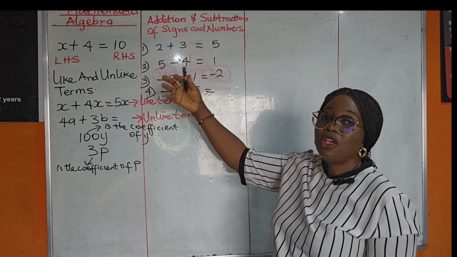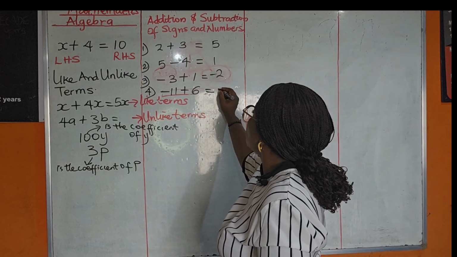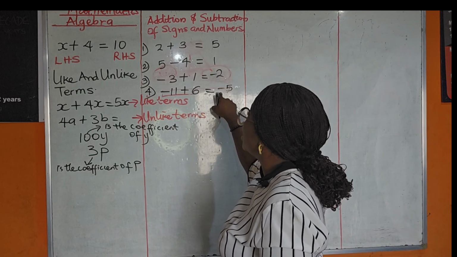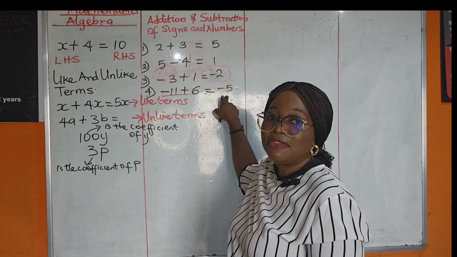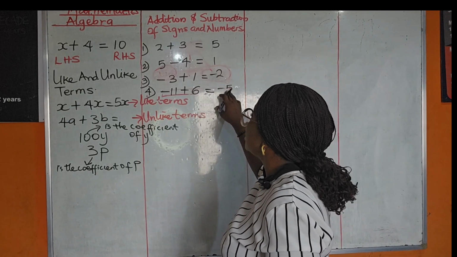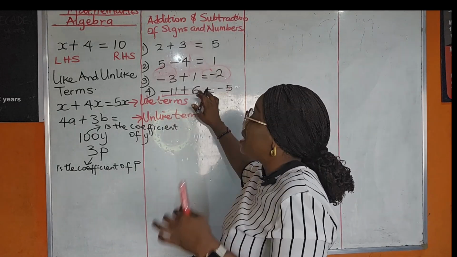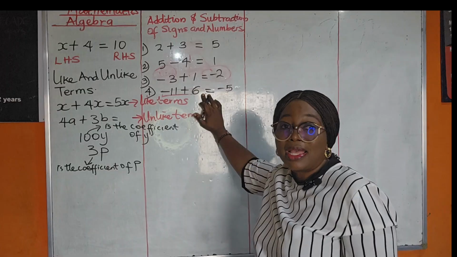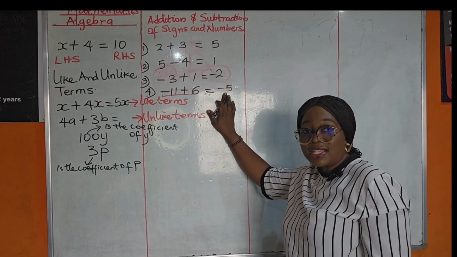So if you give up the whole 6 naira that you have, you're still going to be left owing 5 naira. That's why your answer is negative, minus 5. So minus 11 plus 6 is minus 5. Usually once a negative number is bigger than the positive number, bear it in mind that you're going to have a negative answer.